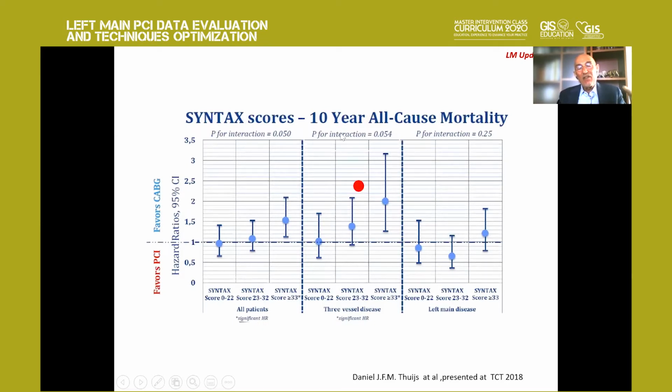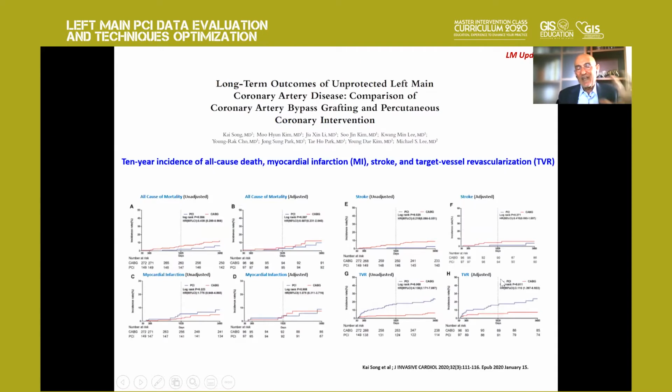What we should observe carefully is this, the Syntax trial at 10 years, where mortality in high syntax score patients is increasing in the PCI group as compared to surgery. So mortality is higher in these patients.